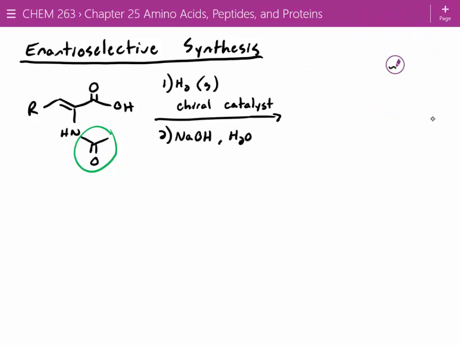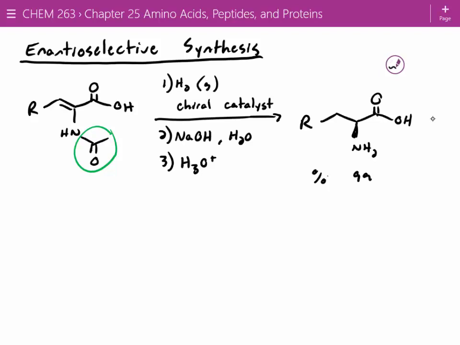And then in the last step, we want to protonate everything back to its true form, so we'll just do H3O+. And when you do this, you get a product with your correct amine, and oftentimes the percent EE is greater than 99%.